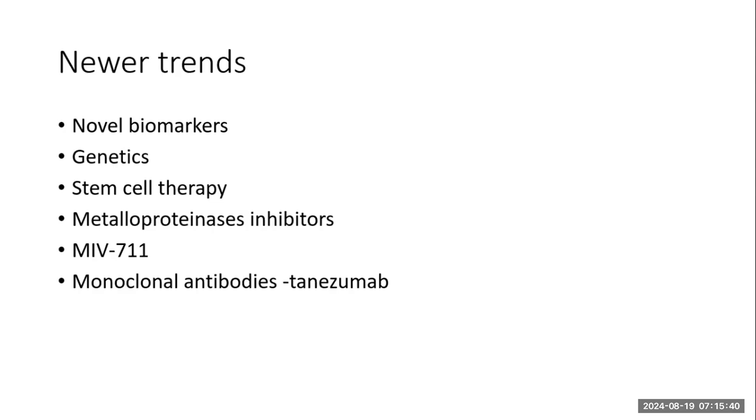But in this genetic involvement, they have not actually given anything substantial, but it's looked at that in the near future, maybe there will be genetic treatment for the management of osteoarthritis, then stem cell therapy, metalloproteinase inhibitors, MIV-711, and monoclonal antibodies. All of these are in clinical trials currently.